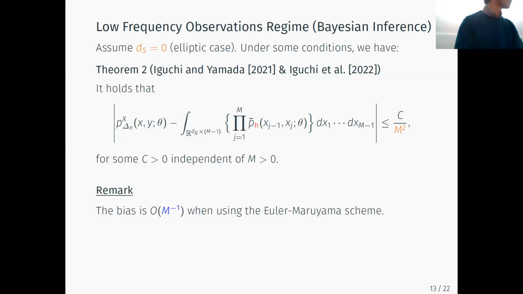And the point is, this bias is of order 1 over n if we use the Euler-Maruyama scheme. But if we use the newly developed transition density scheme, then this bias is of order 1 over n squared, which means that effectively the bias is reduced by using the newly developed schemes. So this is what happens in the low frequency observation regime in the analytic results.